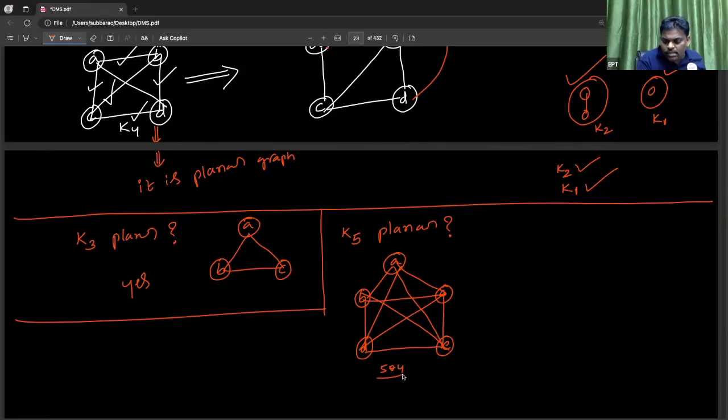The number of edges is the sum of degrees divided by 2, so 20 by 2, 10 edges. Total 10 edges in K5. So you have to draw 10 edges without any crossing. I think it's a very challenging task.